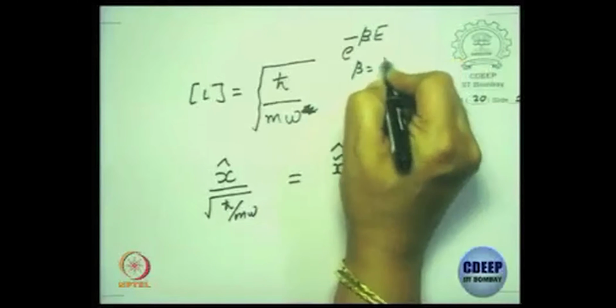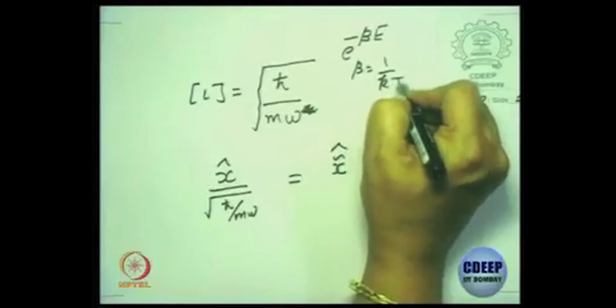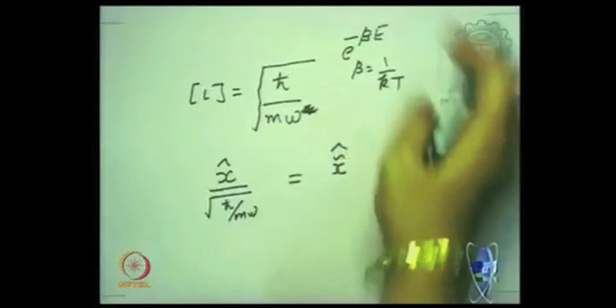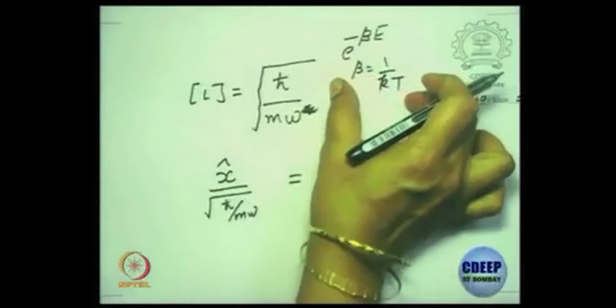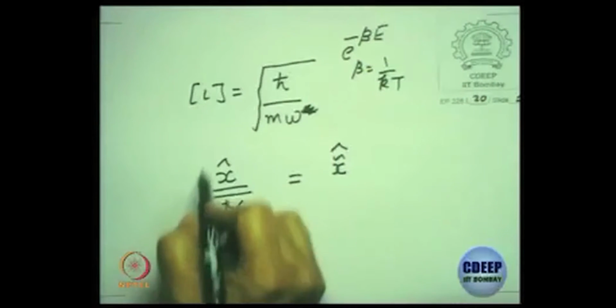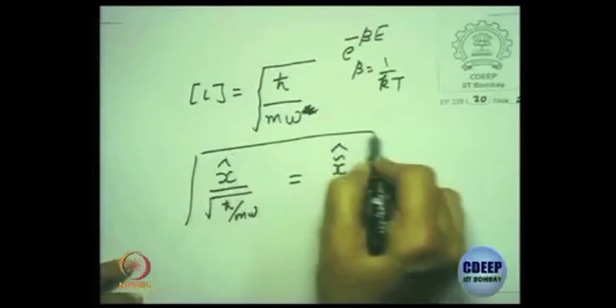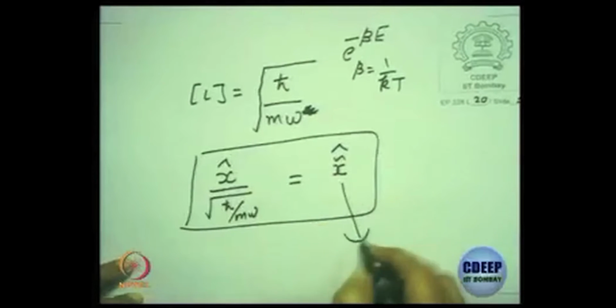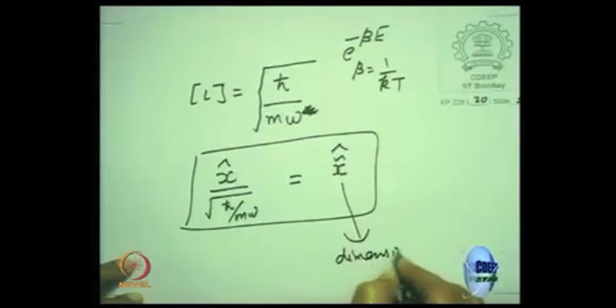So beta is 1 by kT, and you can call this beta some dimensionful quantity with inverse energy, so that E by that is dimensionless. In a similar way, you can treat this one to be dimensionless.